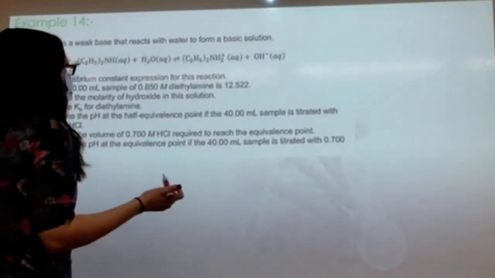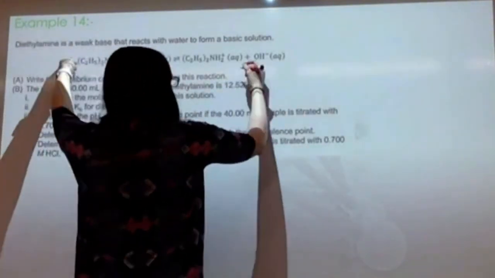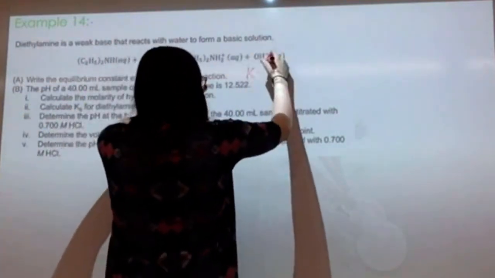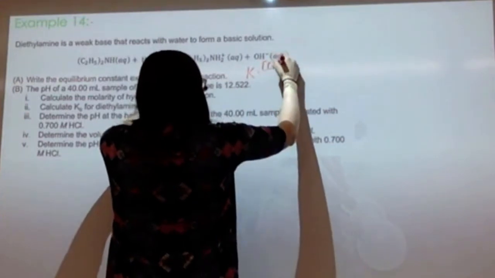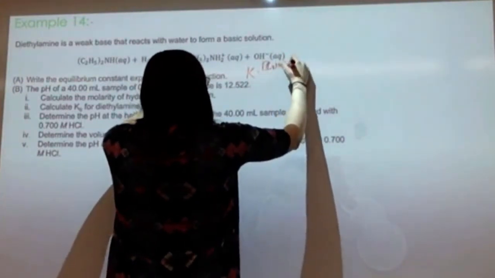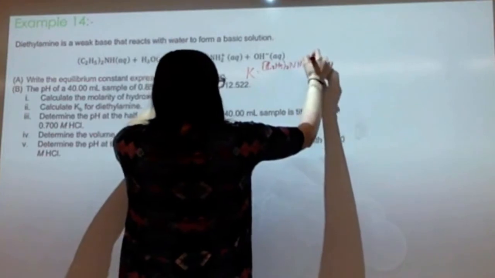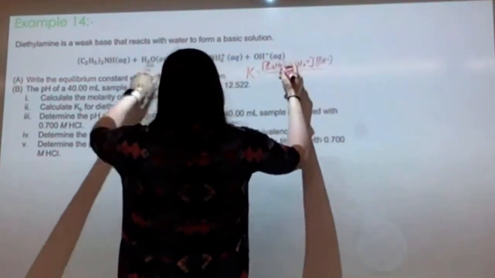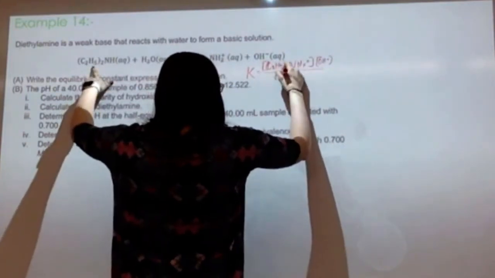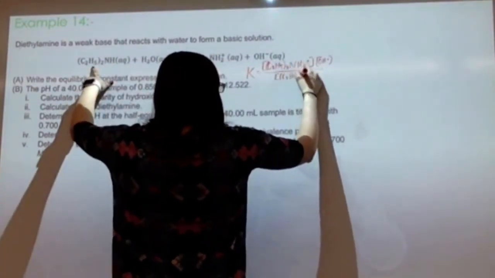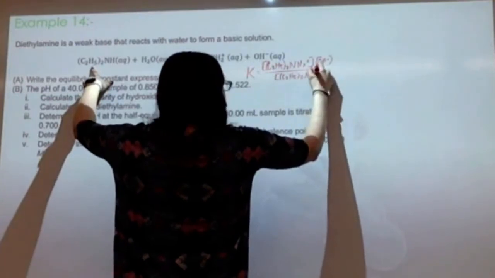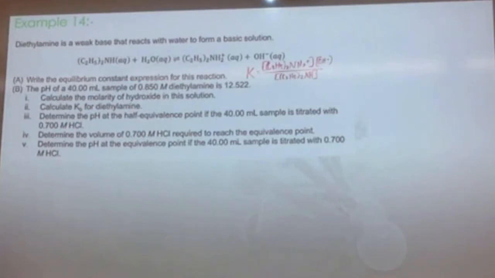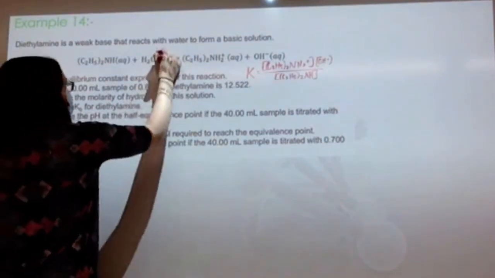So here's the reaction that they gave us. If I write the K expression, it's products over reactants. So it's the concentration of this conjugate acid times OH minus over just dimethylamine. No water. Technically, this says aqueous.